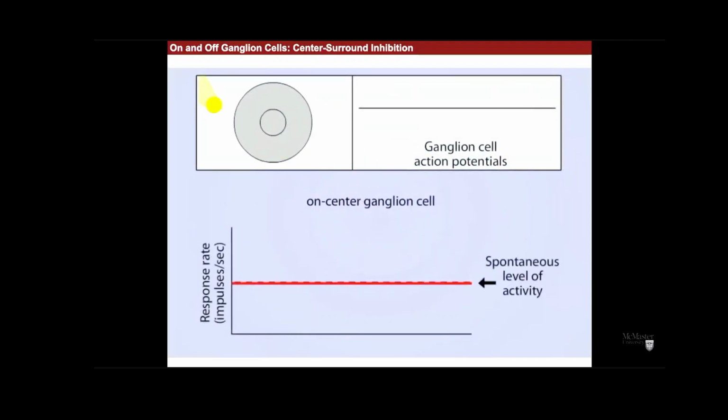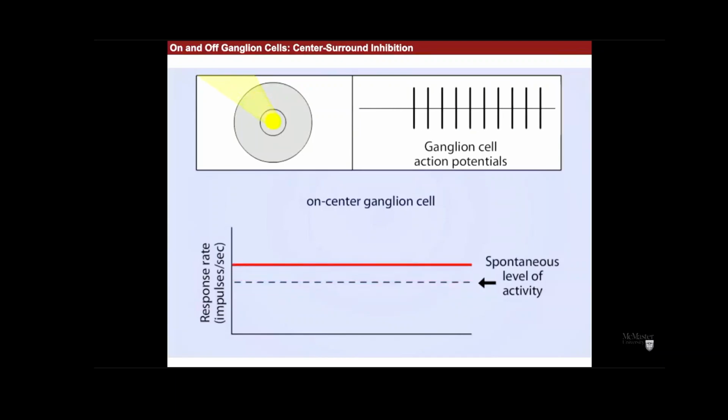Let's look at the response of an on-center ganglion cell to a spot of light. When no light is falling on the receptive field, a spontaneous level of activity is recorded from the ganglion cell. Notice that when the light enters the surround region on this on-center ganglion cell, the level of activity recorded in the cell decreases. Conversely, a spot of light in the center of the receptive field increases the firing rate.